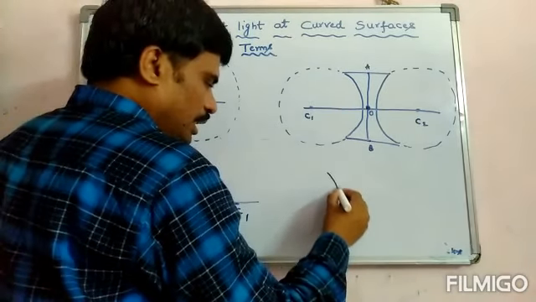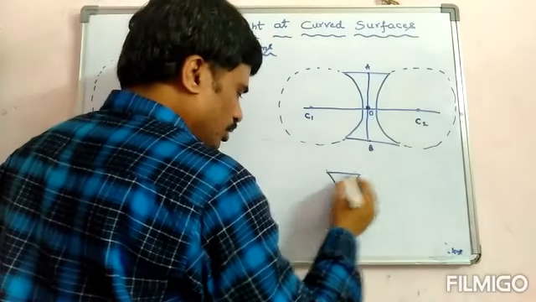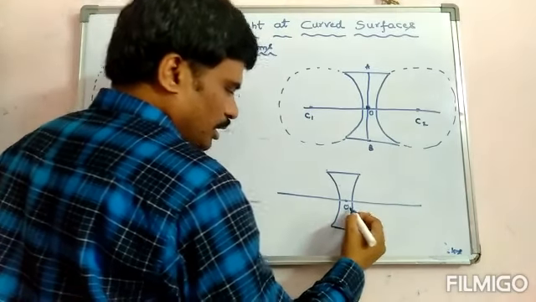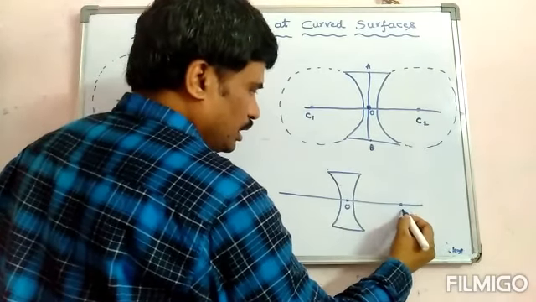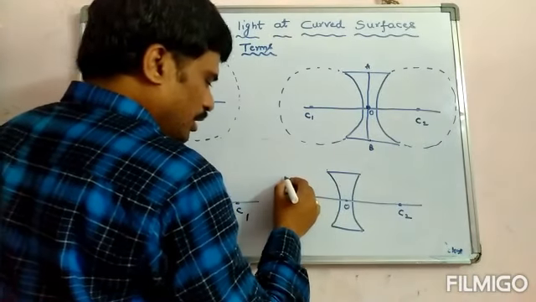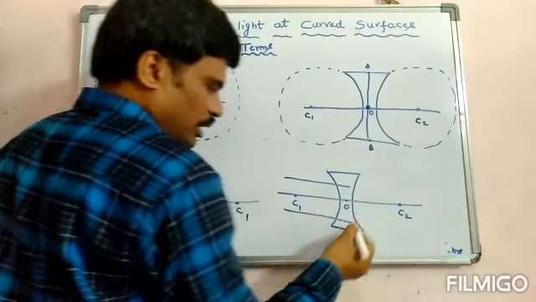And even in case of concave lens also you may observe two focus, and here it is optic center, center of curvature C2 and C1. If I incident some parallel lines, then what is going to happen?